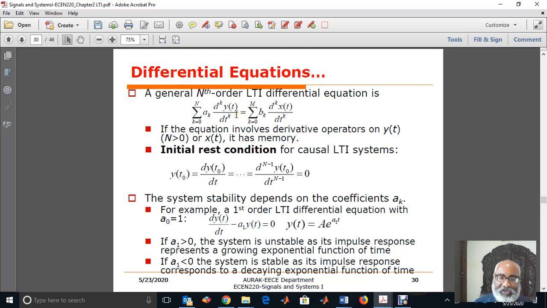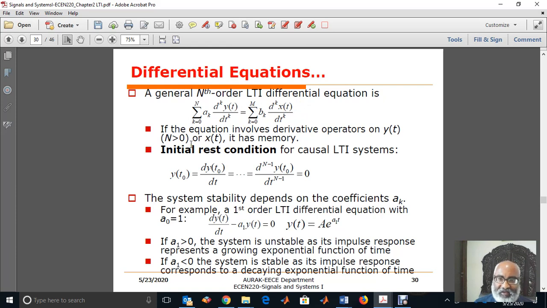When we expand this summation, we have a0 y plus a1 dy/dt plus a2 the second derivative of y, and so on, until a_n, the nth derivative of y, equal to, on the right side, b0 x(t) plus b1 the first derivative of x(t) plus b2 the second derivative of x(t), until b_m, the mth derivative of x(t).